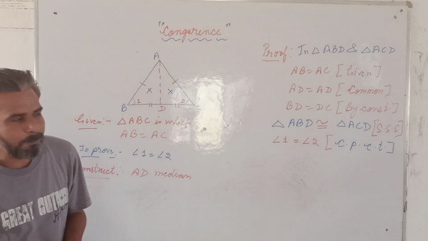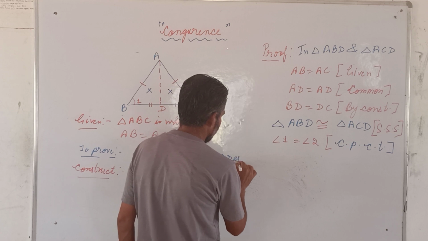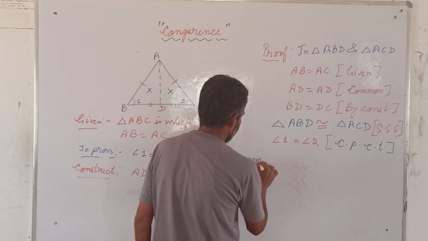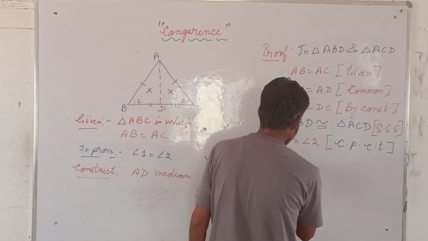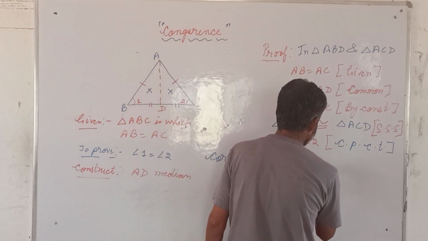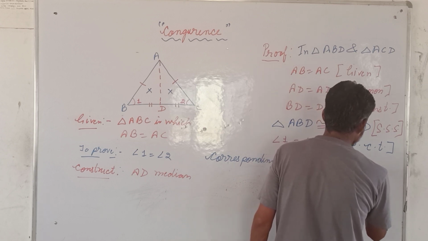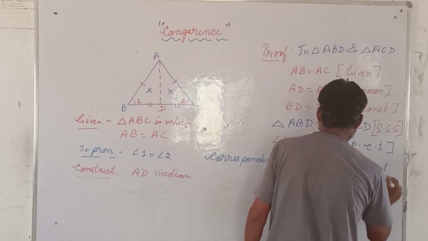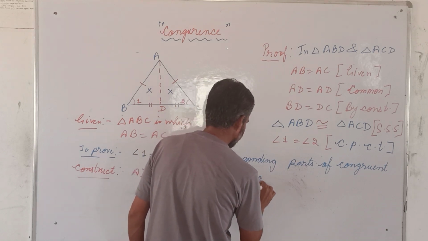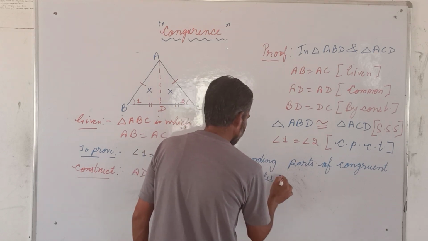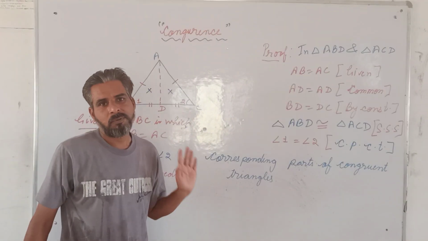What is the full form of CPCT? Corresponding parts of congruent triangles.